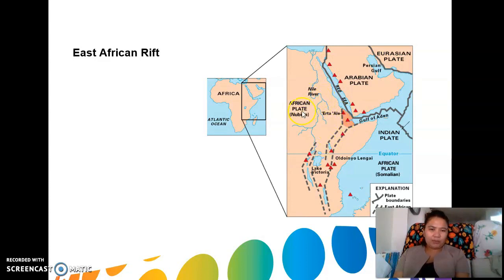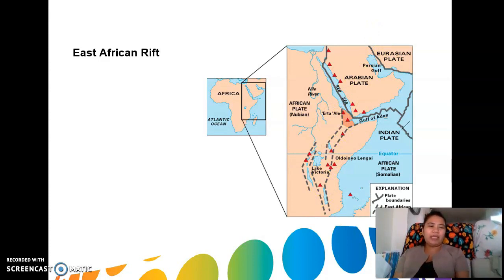Thus, the separation between the African plate and the Arabian plate, the moving away from each other of these two plates, creates this rift zone or cracks. These are lines of cracks or a rift, with cracks, lines of cracks or fissures or holes on the continental crust.